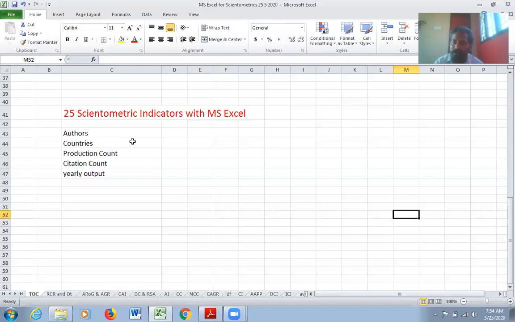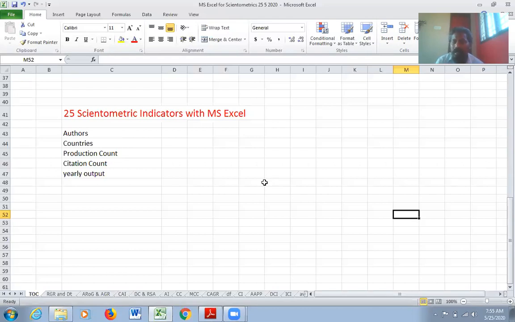Then we talk about production count, how many papers are published. Based on that, we have a lot of indicators. We have citation counts; based on citations, we get a good number of scientific indicators. Then based on yearly output, we calculate many scientific indicators. So based on these fields, we have around 25 scientific indicators. Let's see how these things are calculated.